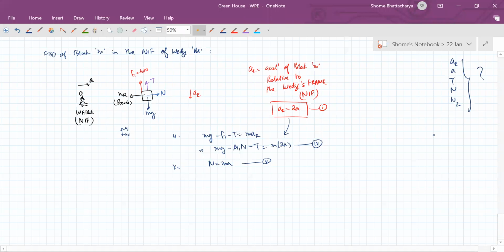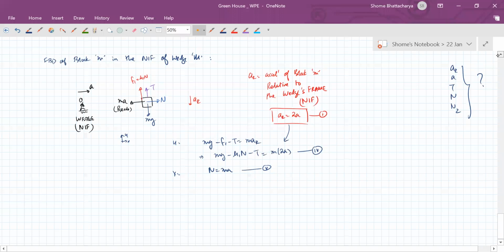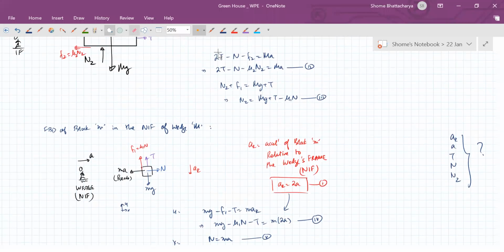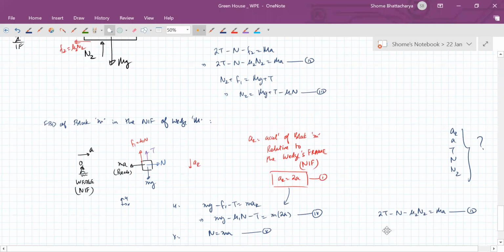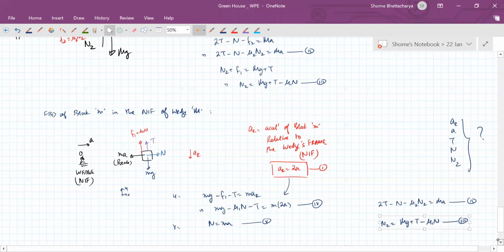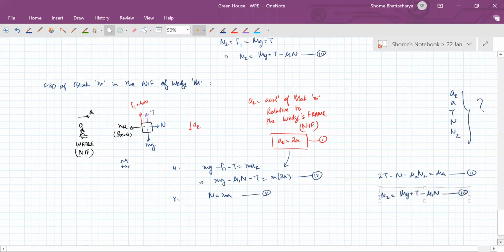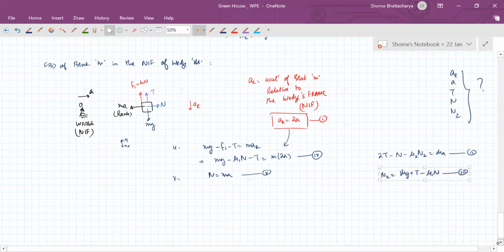Now solving will not be so tough. It's just a matter of substituting things systematically. So let's put all our equations together now. I'm just bringing these 2 equations from here, and we'll start the substitution process.